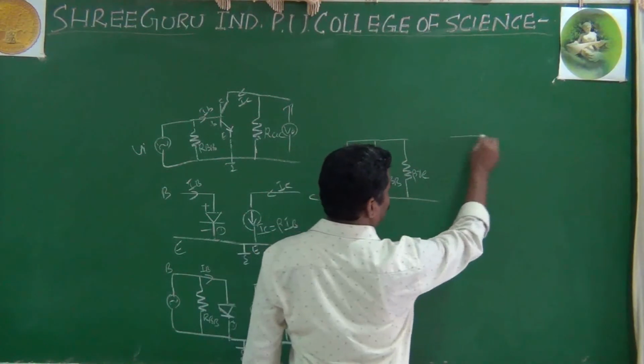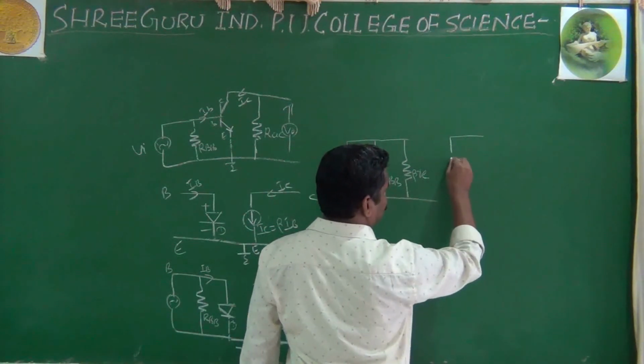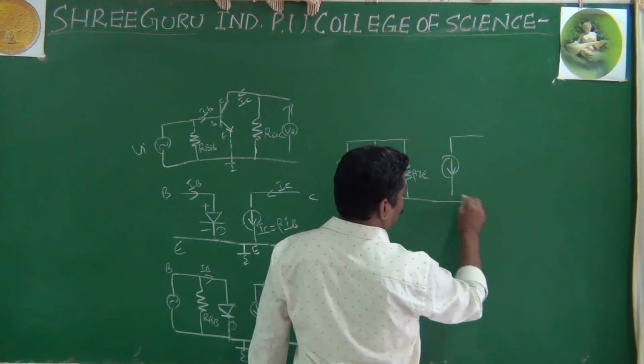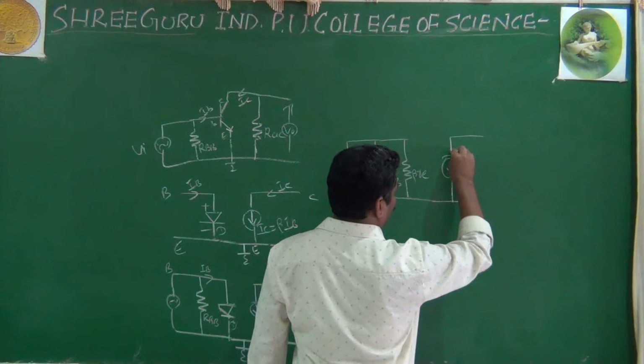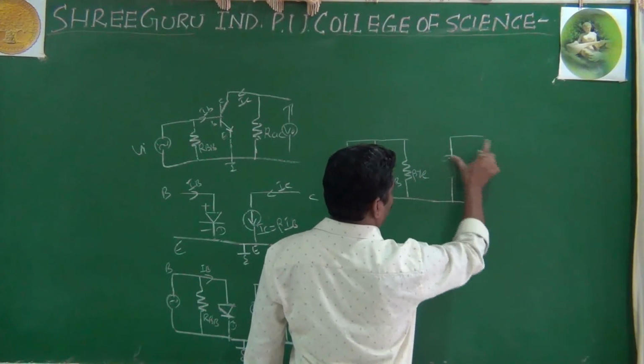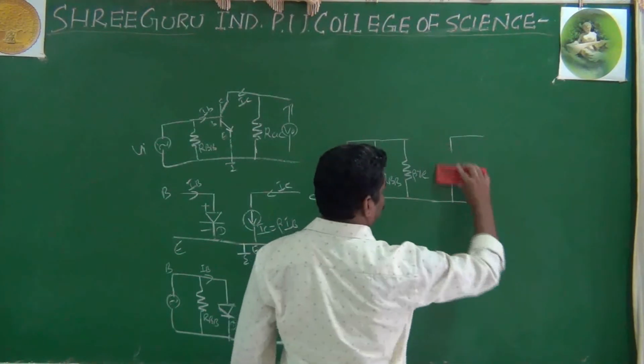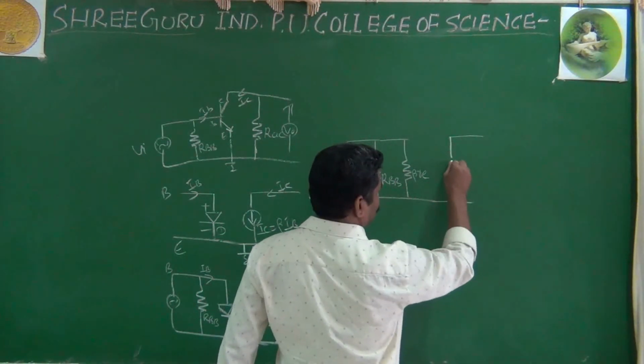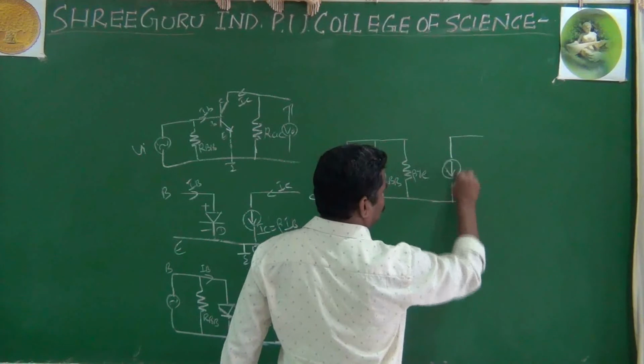This is similar to your constant current source, as I said here. Your output section acts as a constant current source.